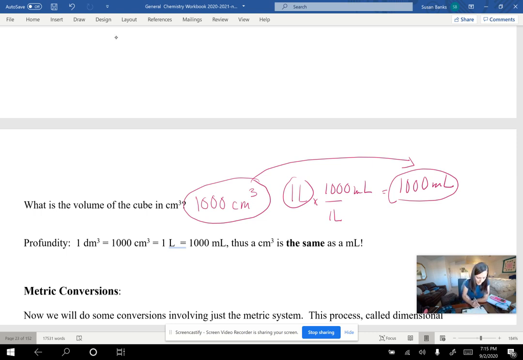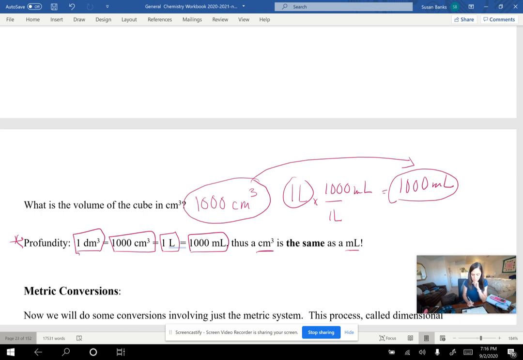So here is the big idea here. A decimeter cubed is equal to 1,000 centimeters cubed, which is also equal to a liter, which is also equal to 1,000 milliliters. So a centimeter cubed is the same as a milliliter. All of these are equivalent to each other. We will use these equivalencies a lot in this class.